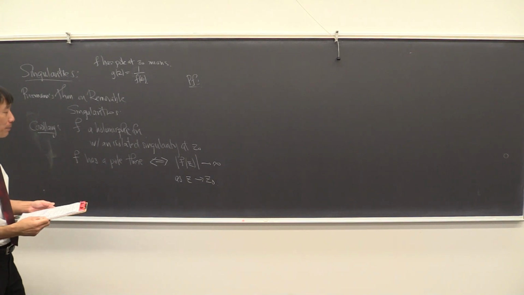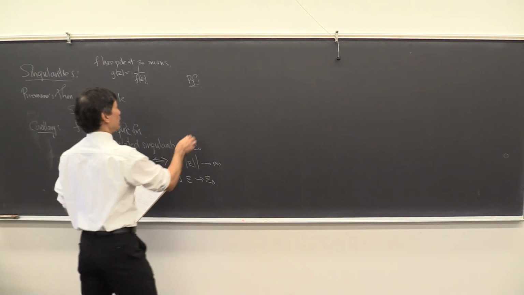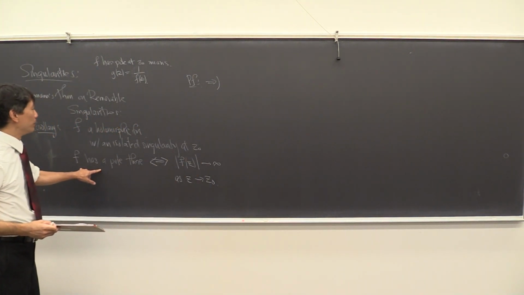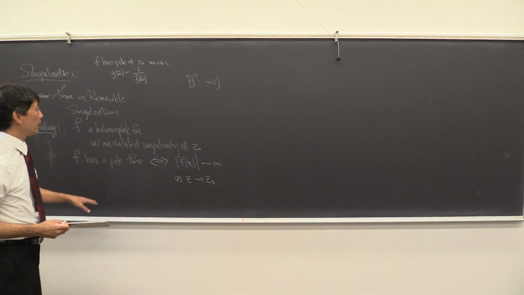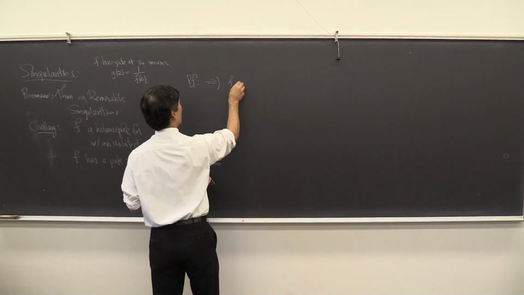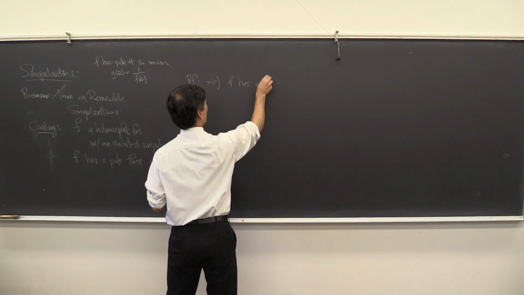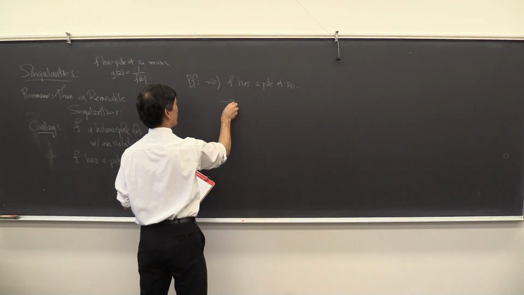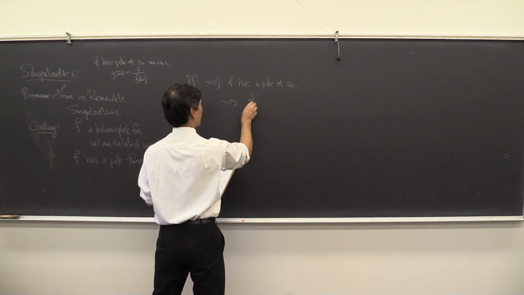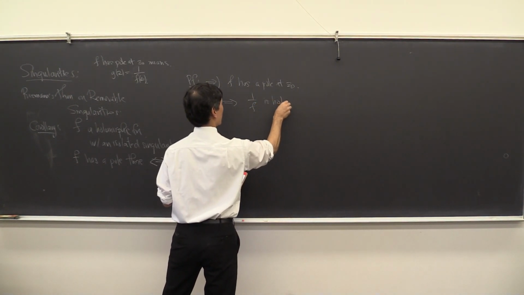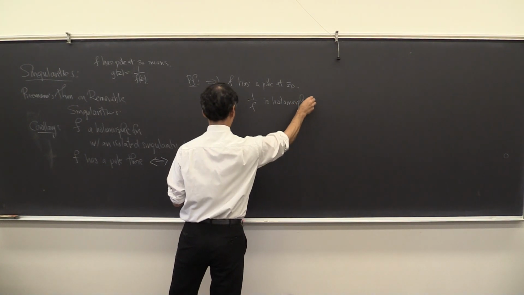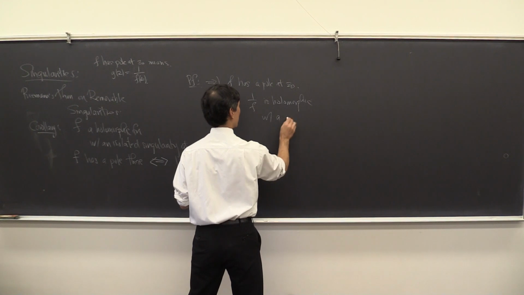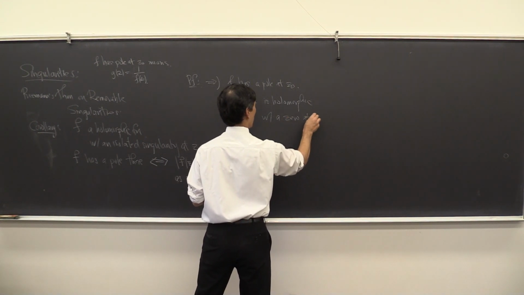So going forwards, if f has a pole at z naught, that means that 1 over f is holomorphic with a 0 at z naught.